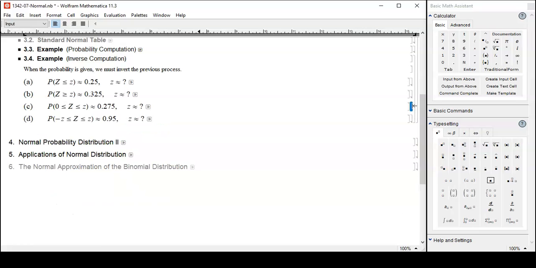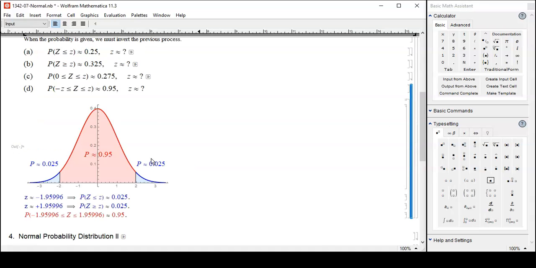I'll leave you there. And then here's another one. From negative z to positive z is 0.95. What is that? It's negative z to positive z. The middle part is 0.95. That means here we have 0.025 and there we have 0.025 because of the symmetry.